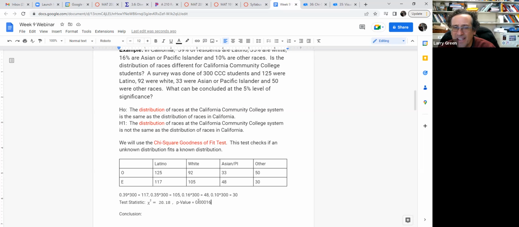Are you starting to see that this hypothesis testing is really kind of the same process? There's little variations, but there's always: you write the null and alternative hypotheses, you look at the data, you put it in the calculator, you get a test statistic and a p-value, and then you state the conclusion.